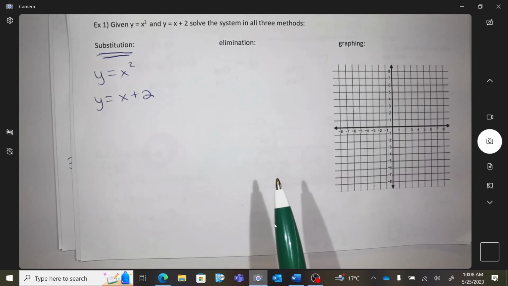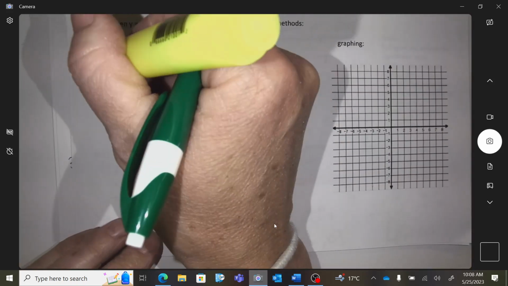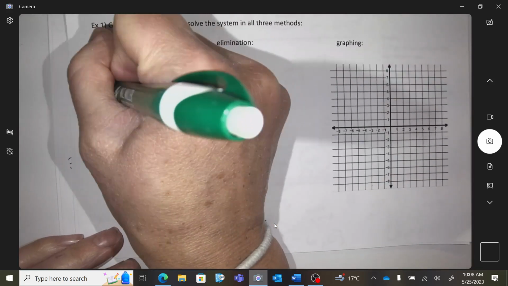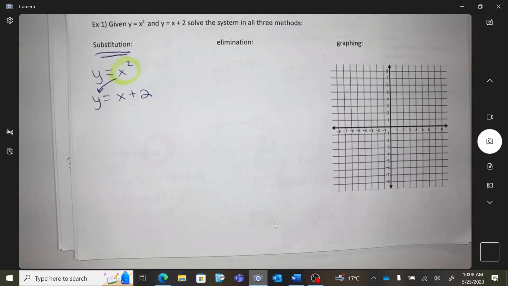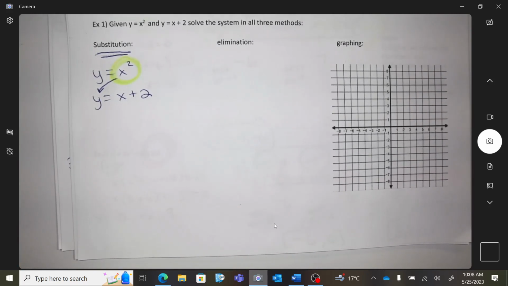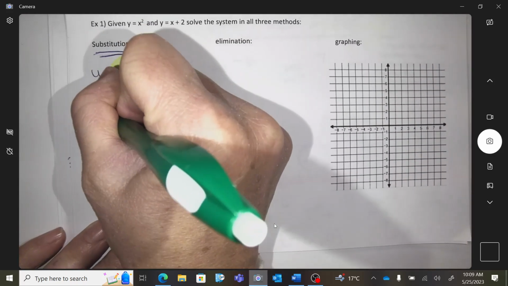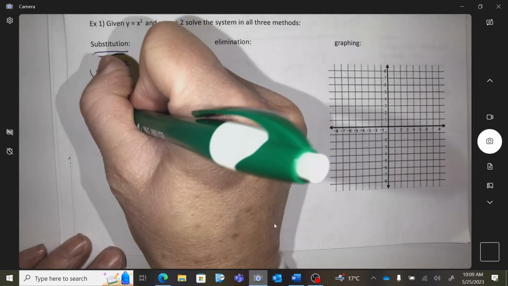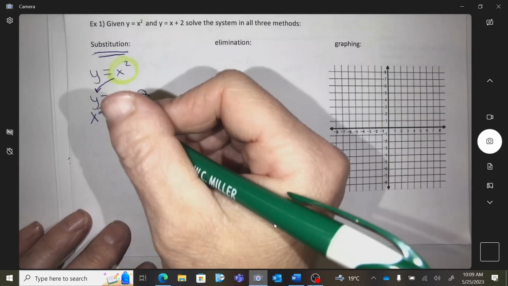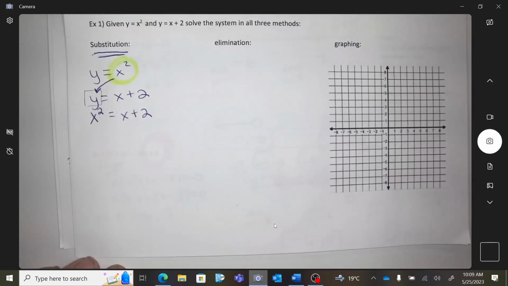And if y is equal to x squared, does it make sense that I could just replace this y with an x squared? Does that make sense to you? If it's equal to x squared, I can replace it with an x squared. Okay, so that's called the substitution.